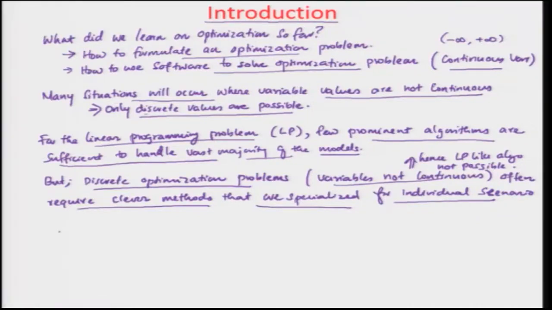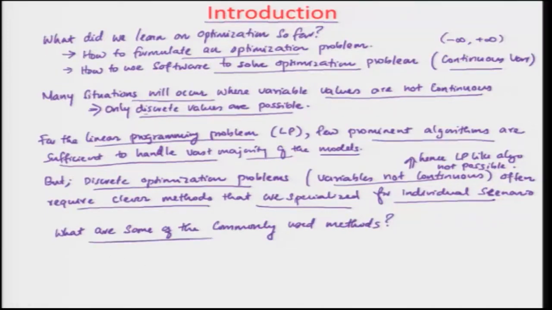So, what are some of the commonly used methods? This is what we are going to learn today. What are some of the commonly used methods for discrete optimization problems?